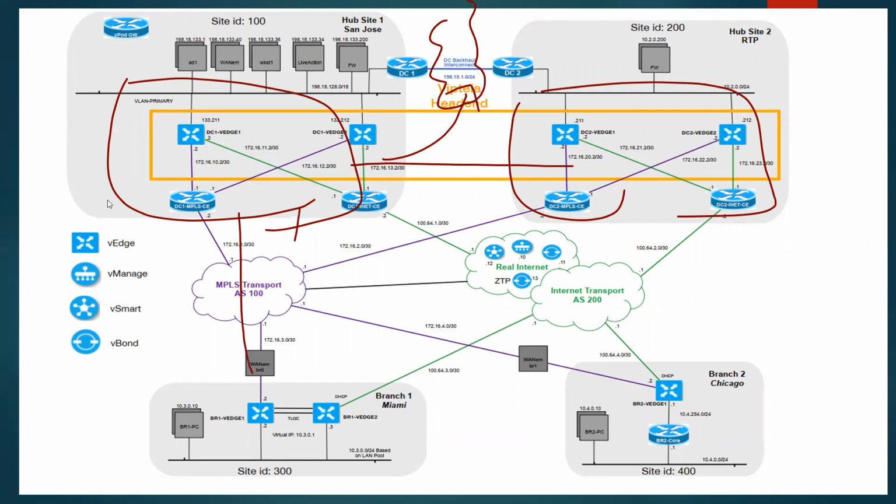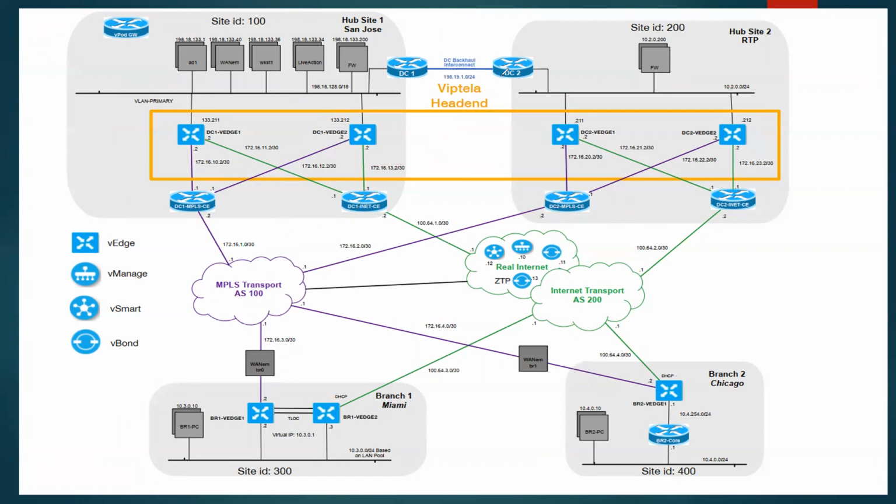And then they have connectivity with the branch. In this lab or in the upcoming lab, we'll find that we have both MPLS and internet transport, so we are going to use both transports. This is just the overview of the normal lab topology. Once we start our lab, we'll go deep into that, and we'll perform different types of lab tasks. Any questions so far?